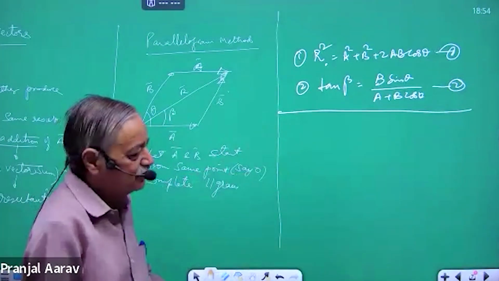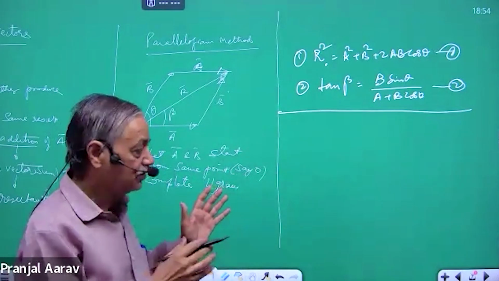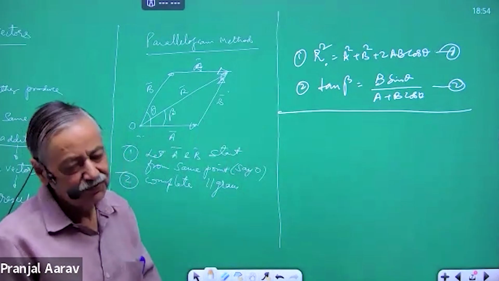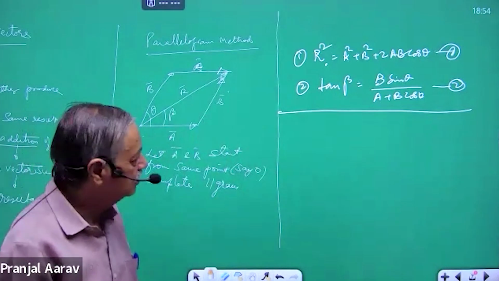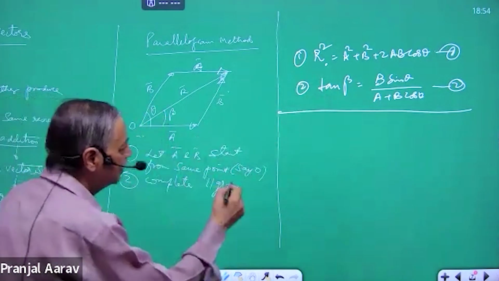Half of this we'll discuss today and the remaining part we will discuss in another class. So I am coming to this. See, if it is A, this is B, then what is?